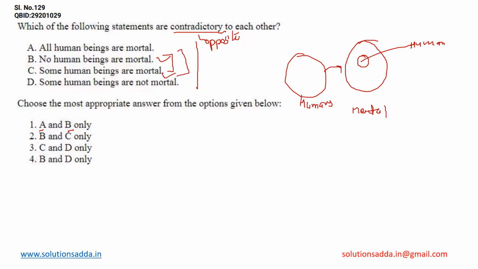So the B and C sentences contradict each other. One is saying that there is not a single human who is mortal, and another is saying there are some humans who are mortal. So there is a contradiction between these two sentences. So we can say that the B and C option will be right. So option number 2 will be the correct option for this question.